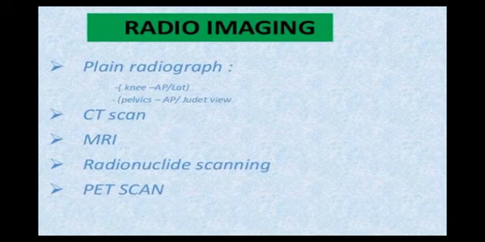Radio imaging test. So these include our plain radiography, CT scan, MRI, radionuclide scanning, and PET scanning. So the new term we got here is PET scanning, that is positron emission tomography. It is a scan or an imaging test that allows doctor to scan or check for diseases in your body.